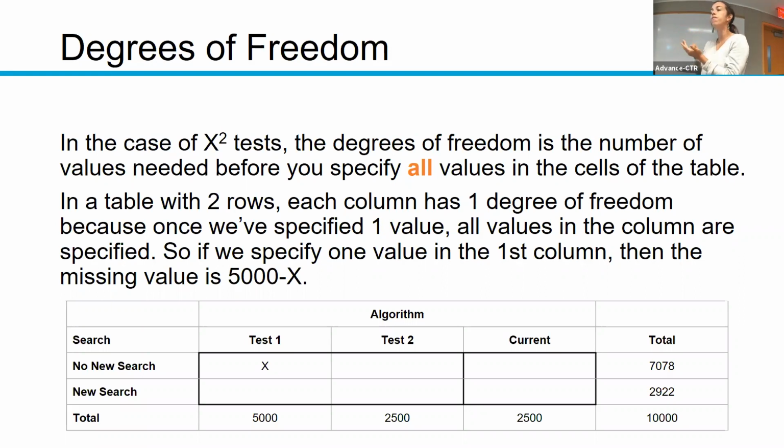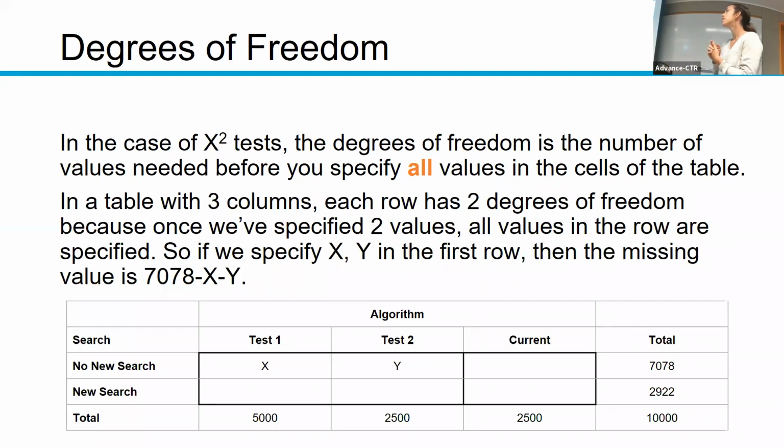Once we specify one value, we automatically know what the other value is in a table with 2 rows. Similarly, we can think about the number of degrees of freedom for each row. In a table with 3 columns, each row, on the other hand, is going to have 2 degrees of freedom.